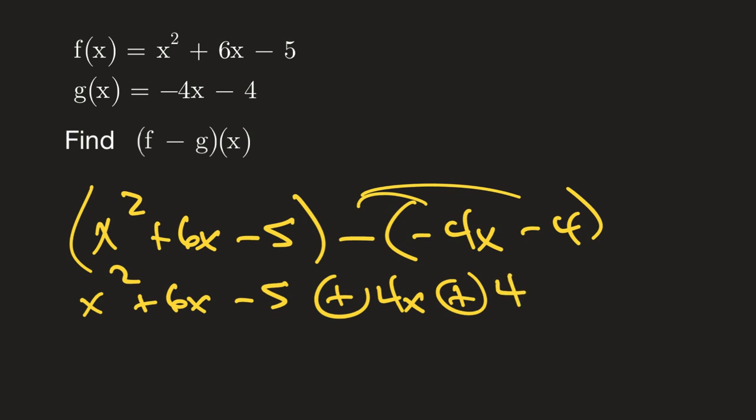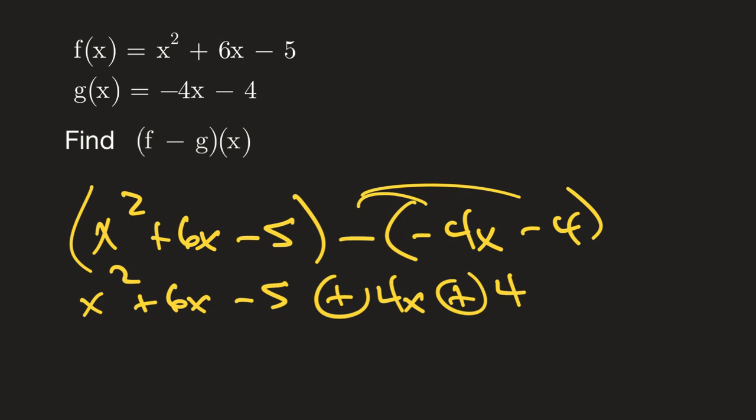That minus sign is going to make negative 4x positive 4x. That minus sign is going to make negative 4 positive 4. And I circled those signs. That way I know that I changed them. If I have to go back into my work, at least I know what I changed. But be careful with subtraction.